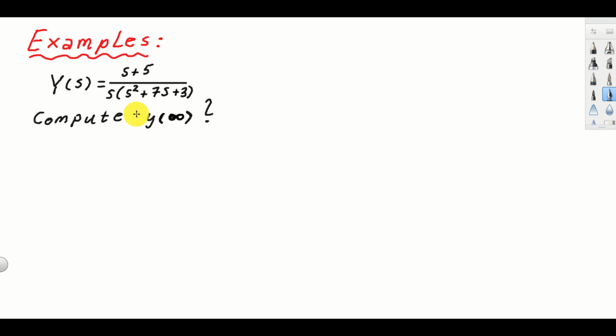Is that the case? First of all, we need to verify the poles. So what are the poles of this system? The poles are the zeros of the polynomial in the denominator. Here's the polynomial in the denominator, and let's compute the zeros. We have one zero at 0, and we have 2 additional zeros, which I will denote by s2,3.